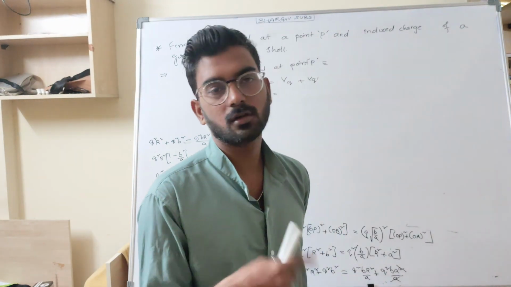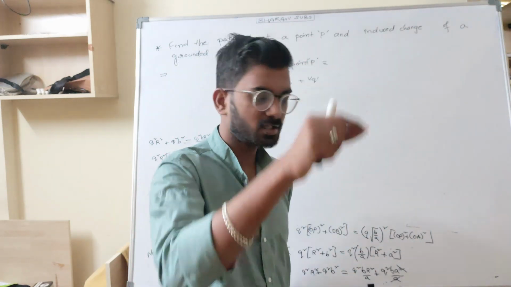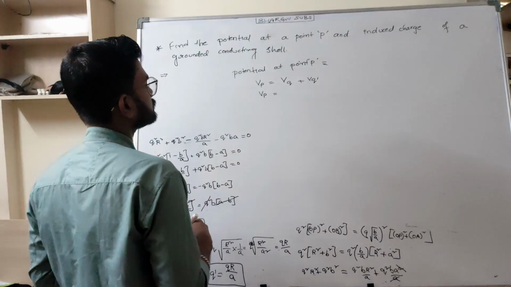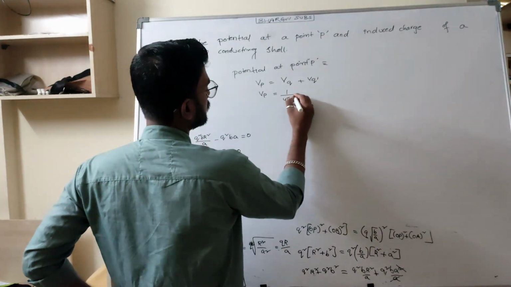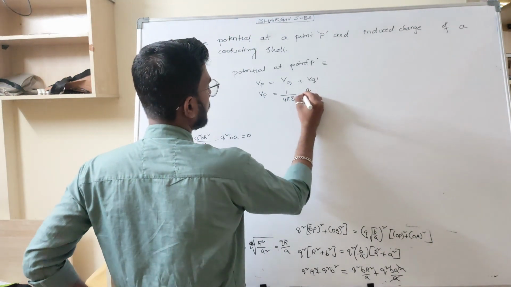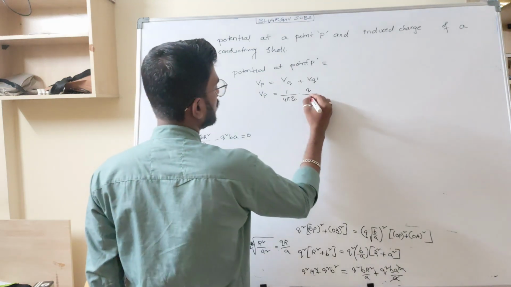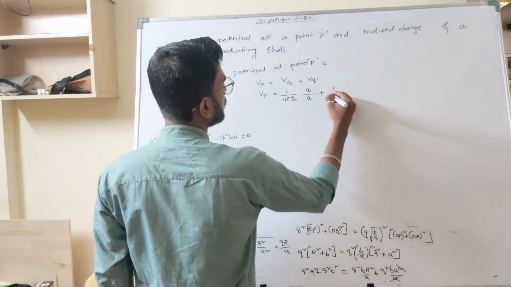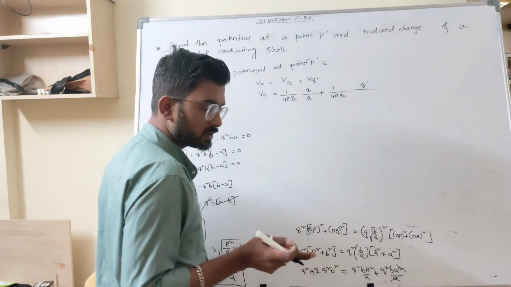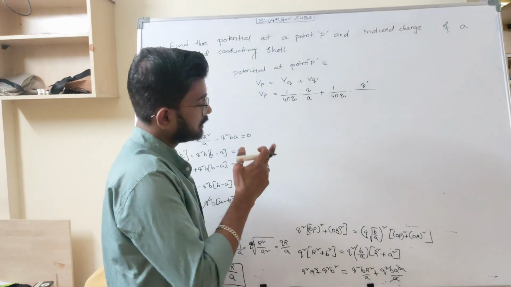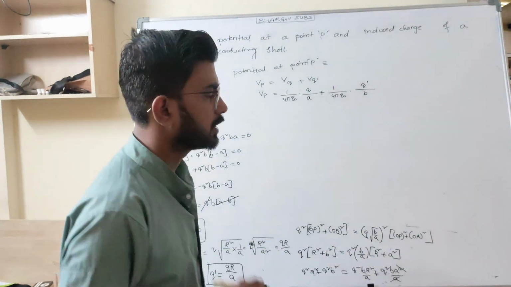If the point is not on the surface of the sphere, I am taking the point at a certain distance from the origin O, then what will I get? Potential due to Q: 1 by 4 pi epsilon naught, charge Q by the distance of Q from origin, which is small a, plus 1 by 4 pi epsilon naught Q dash by the distance of Q dash from O, which was B, right?